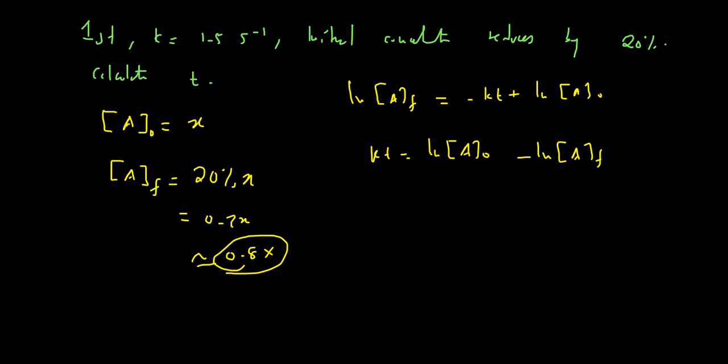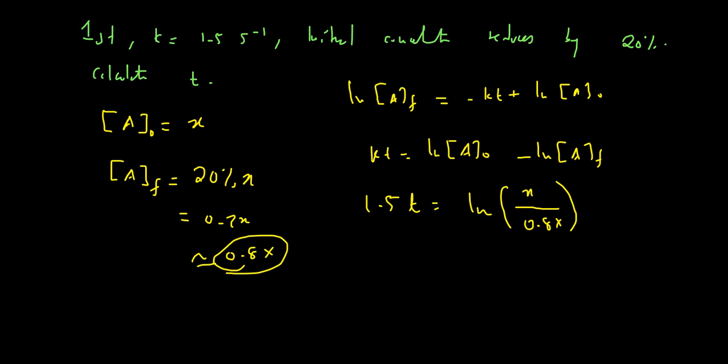So where there is K, we'll put our 1.5, and then T will be equal to natural log. You people are coming from doing mathematics in high school: when you have logs of the same base subtracting, you divide them. So it will be natural log of the initial concentration, which is x, divided by the final concentration, which is 0.8x.